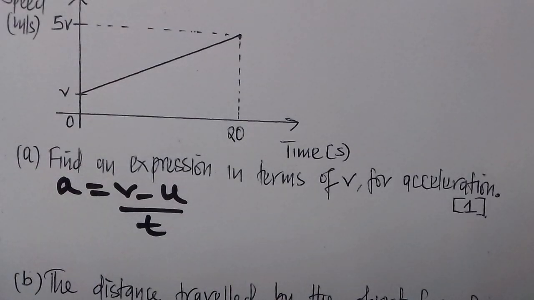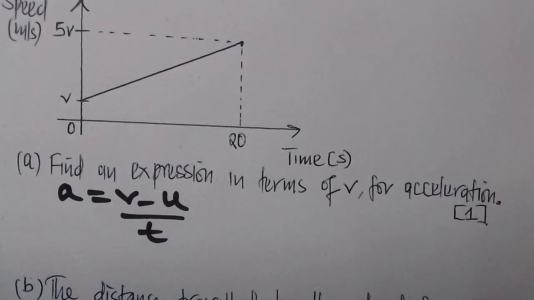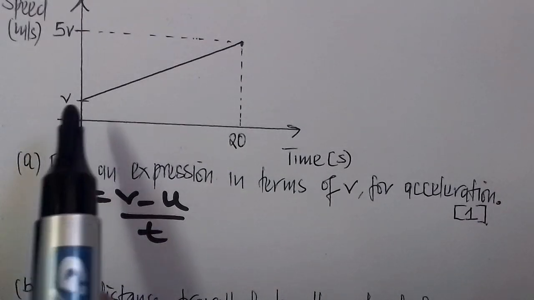So v is for final speed. In this case we're talking about speed, so v is for final speed, u is for initial speed, then t is time taken. If we look at the diagram here, final speed is 5v, then initial speed is v.